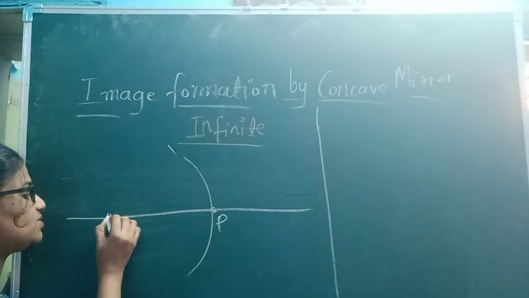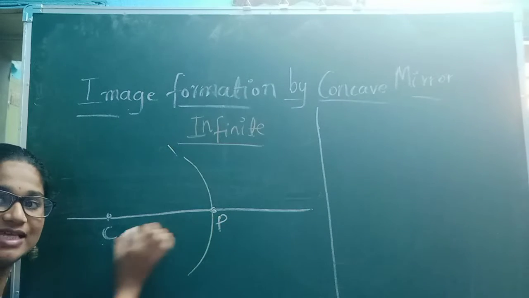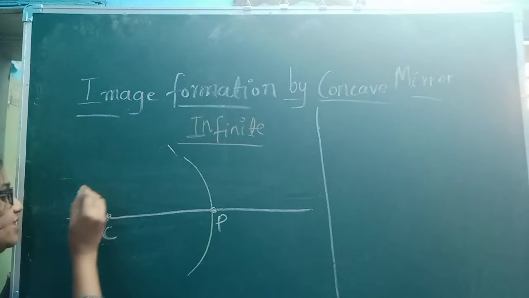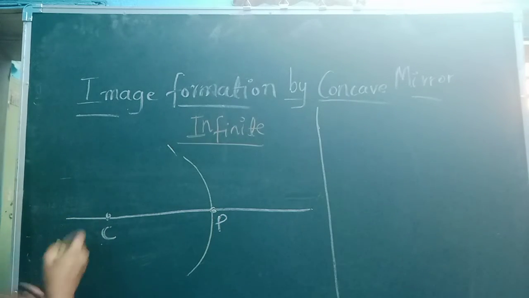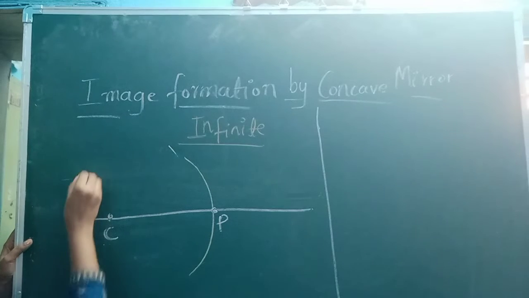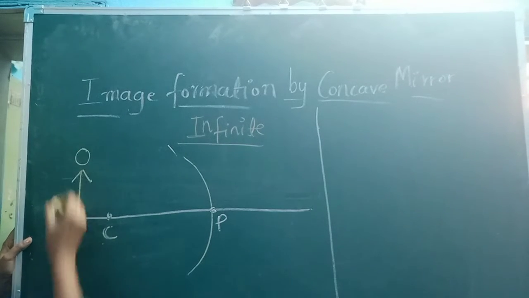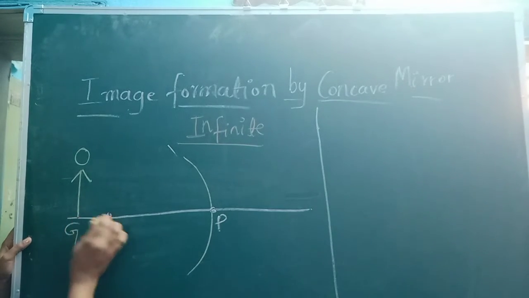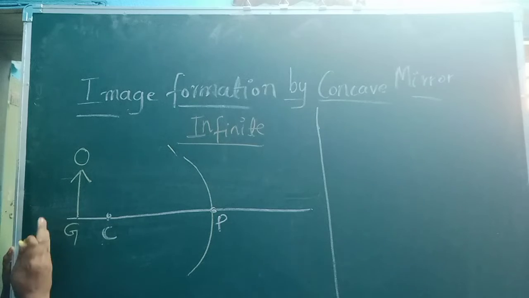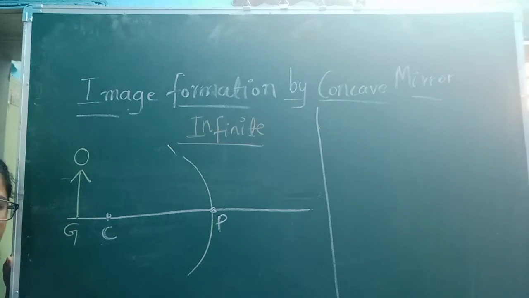The distance CP gives the radius of curvature. So let us take an object, named OG here, beyond the center of curvature.